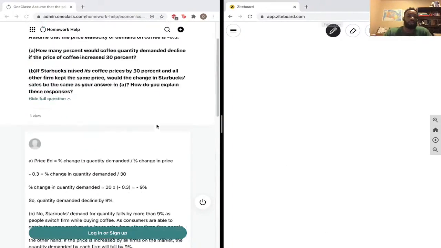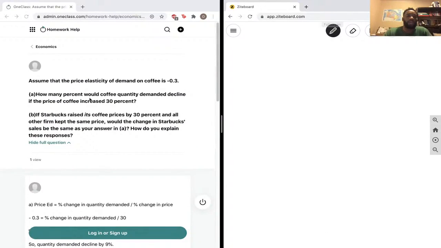So that's correct. What we were looking at in part A was if the market price of coffee is increased by 30%, then the market quantity demanded will decrease by 9%.